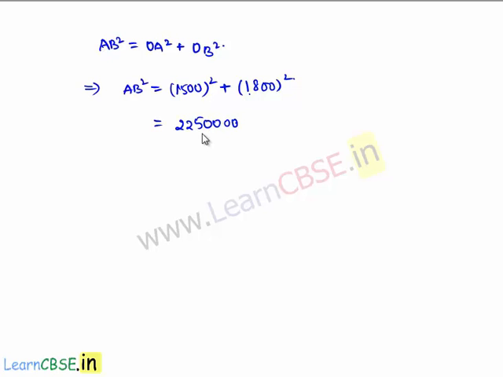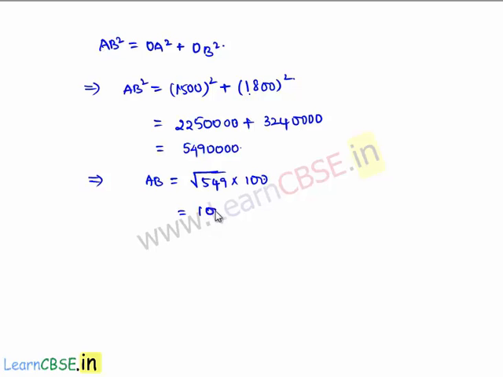1500 square is nothing but 22 lakh 50,000, plus 1800 square is nothing but 32 lakh 40,000. So overall we get 54 lakh 90,000. Now finding the value of AB, we get root of 549 into 100.